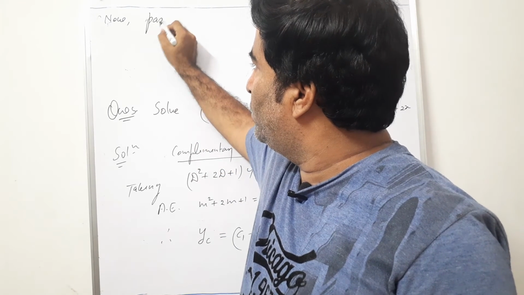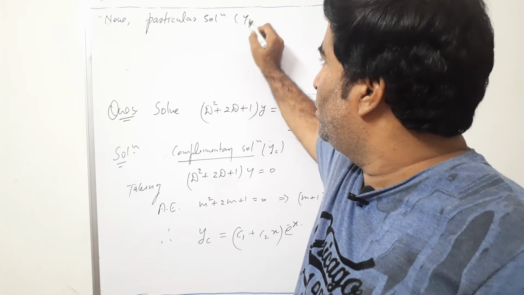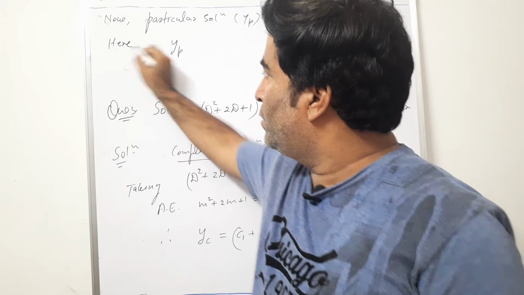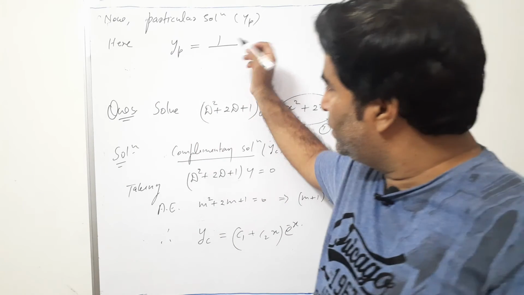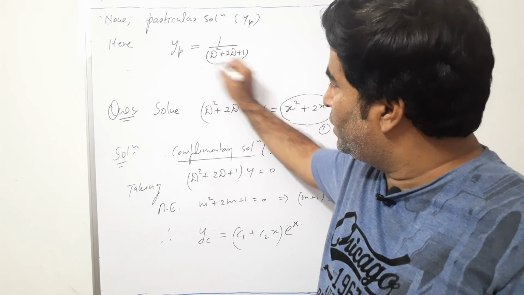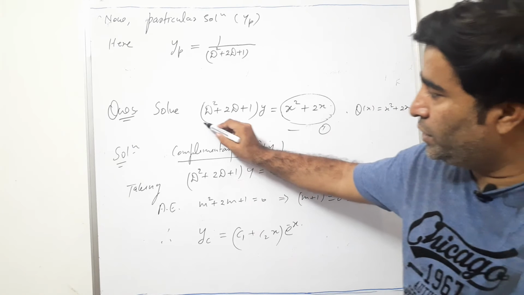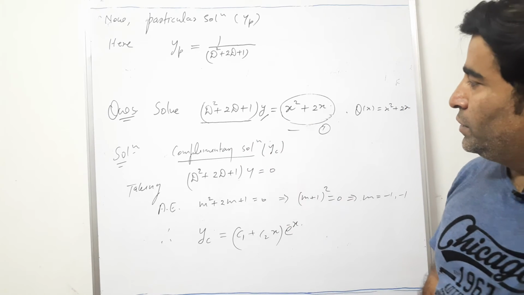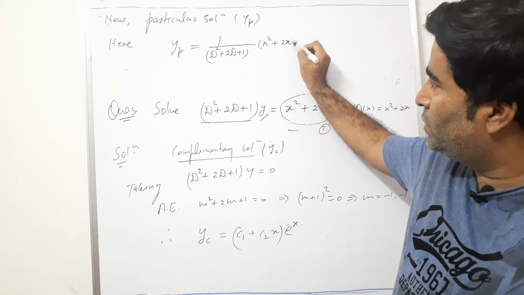Now, the particular solution yp. Here yp is, we take the operator D square plus 2D plus 1. Okay, we take only the operator part, not writing y, into Q which is x square plus 2x.